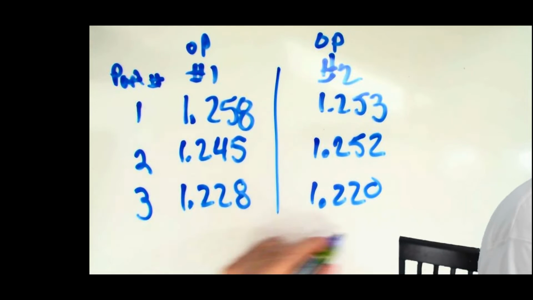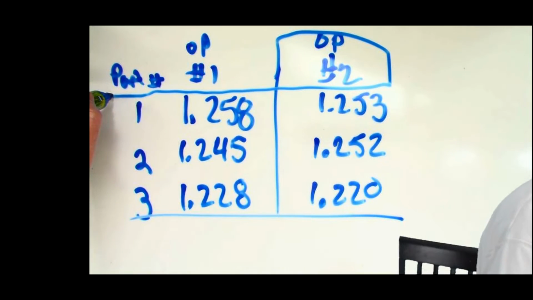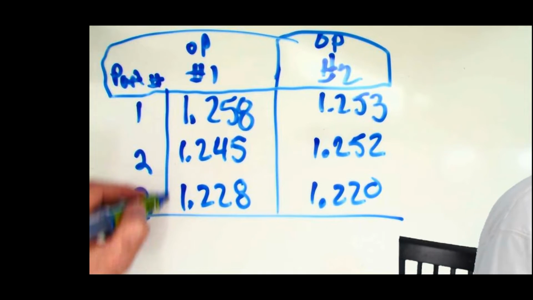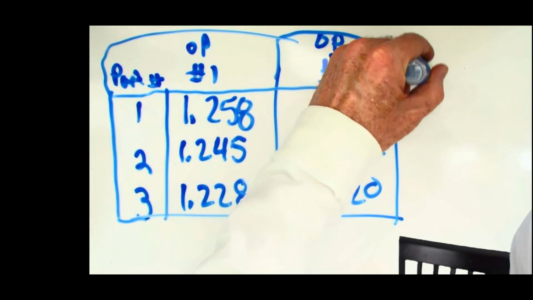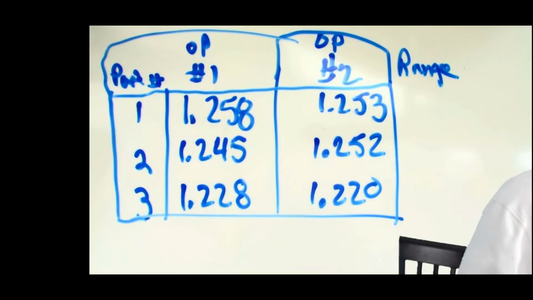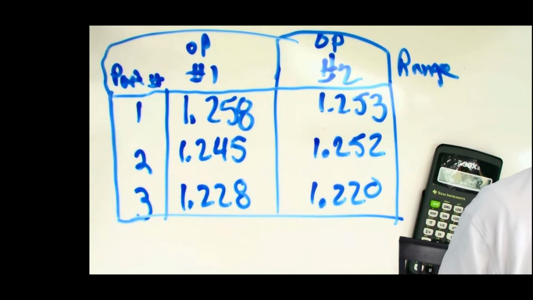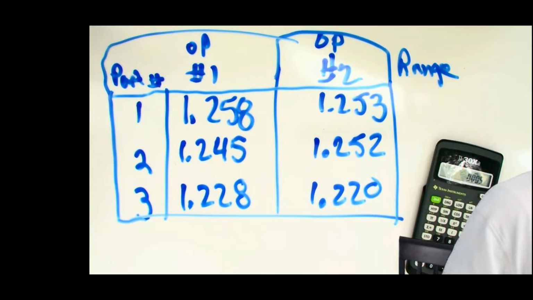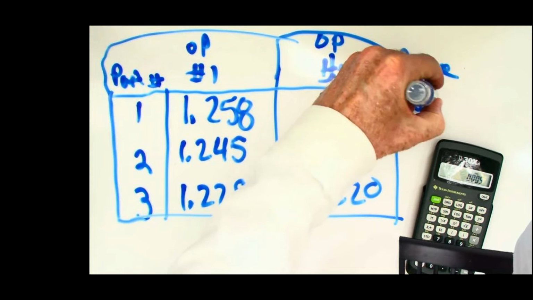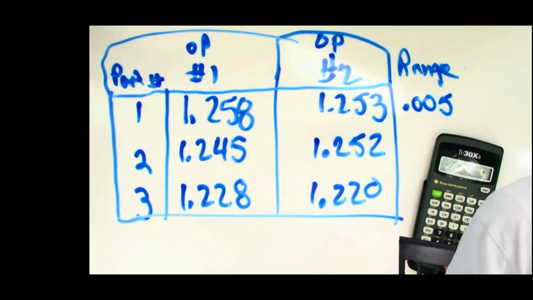I'm going to make sure by pulling my Word document up, making sure we get everything on the same page here. 1.258, 1.253, 1.245, 1.252, 1.228, 1.220. Yeah, we got all the numbers right.